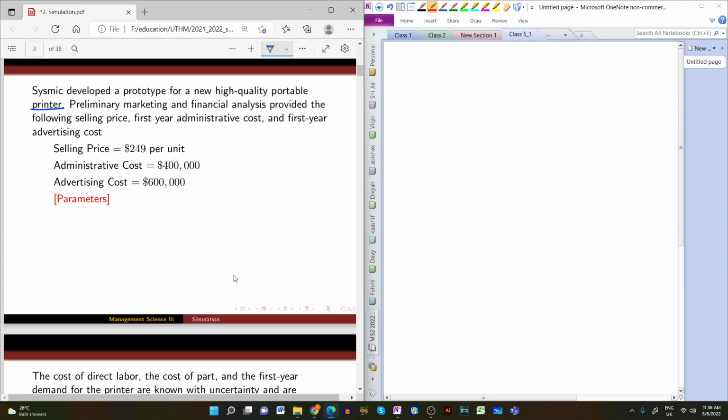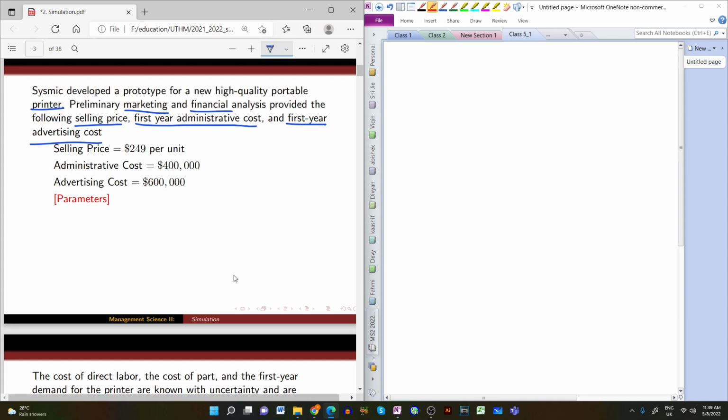Preliminary marketing and financial analysis provided the following: selling price, first year administrative cost and first year advertising cost. They have their marketing and financial analysts do an analysis before they introduce this printer to the market, and these are the pieces of information they came out with.